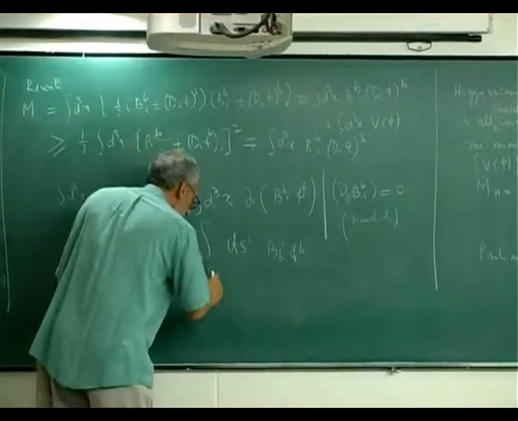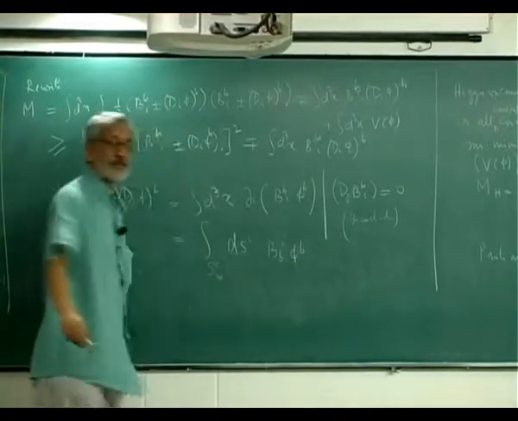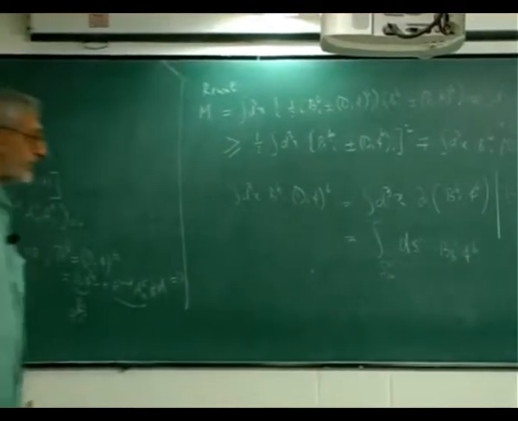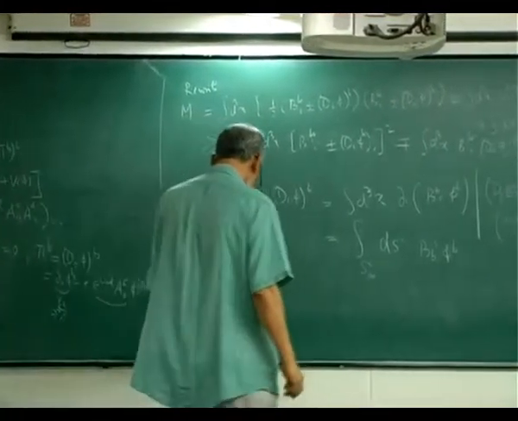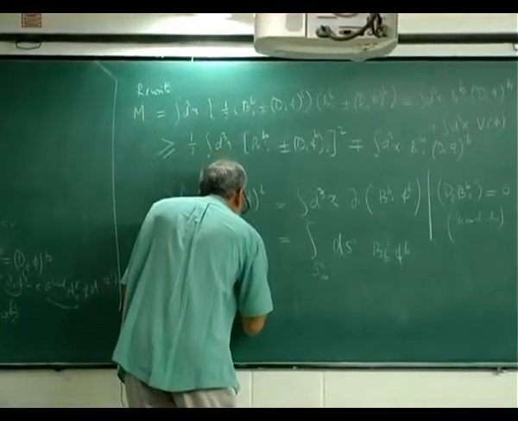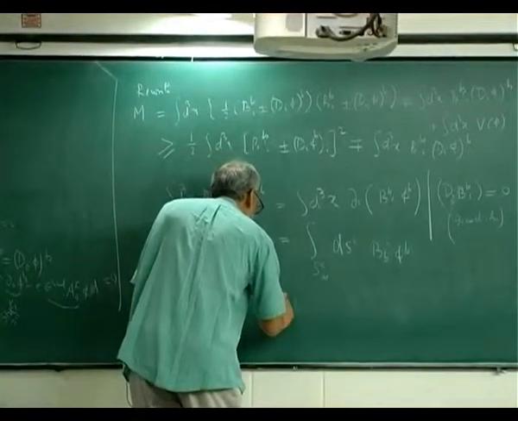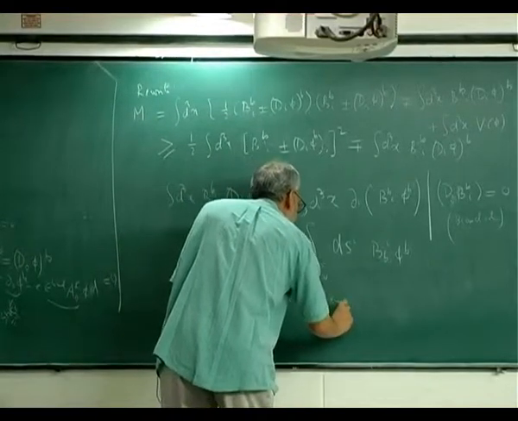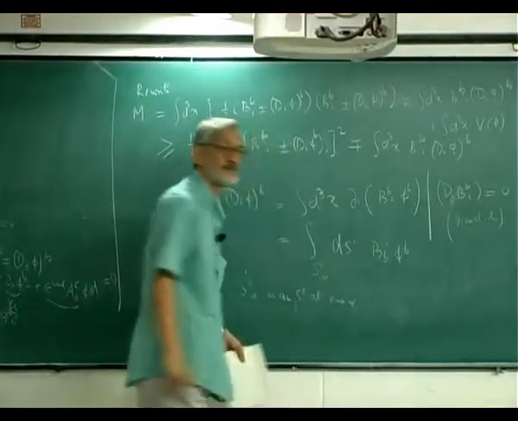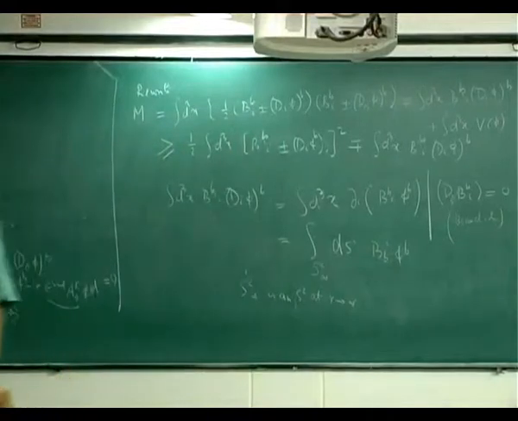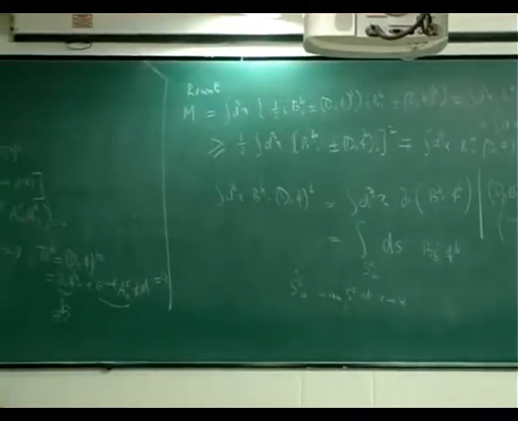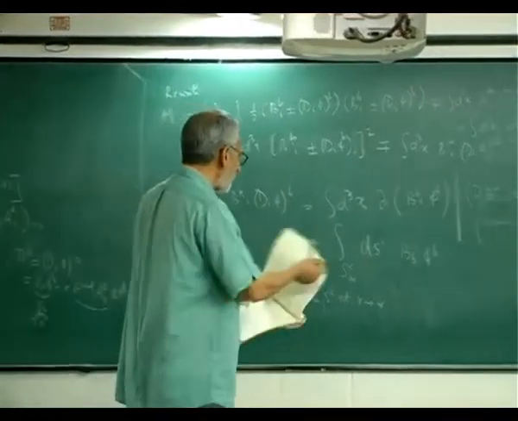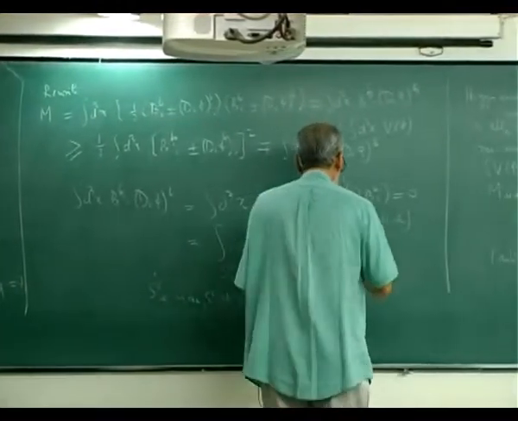Let me call it S2 at infinity, where S2 is the boundary of the space at infinity. So S2 infinity is an S2 at R going to infinity, the radial coordinate going to infinity. And this is Stokes' theorem.